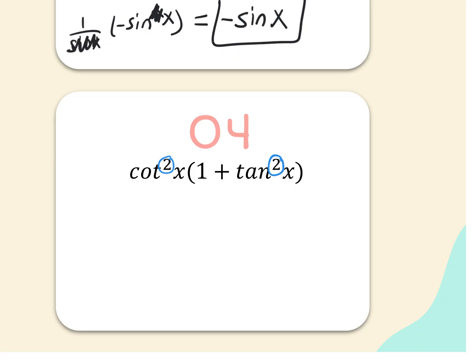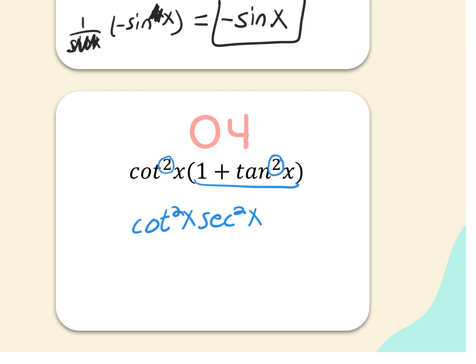And a pretty simple one that we can use is we know that 1 plus tangent squared x is secant squared x. So I have right now cotangent squared x times secant squared x. All right, and then just looking at these by themselves doesn't really simplify to anything nice. So if it looks like it could simplify further, but it doesn't, maybe change everything to sine and cosine.